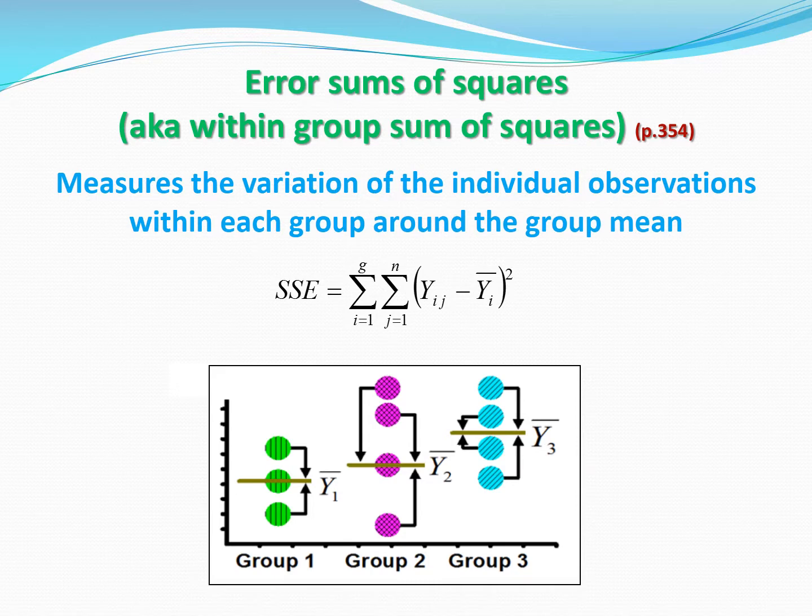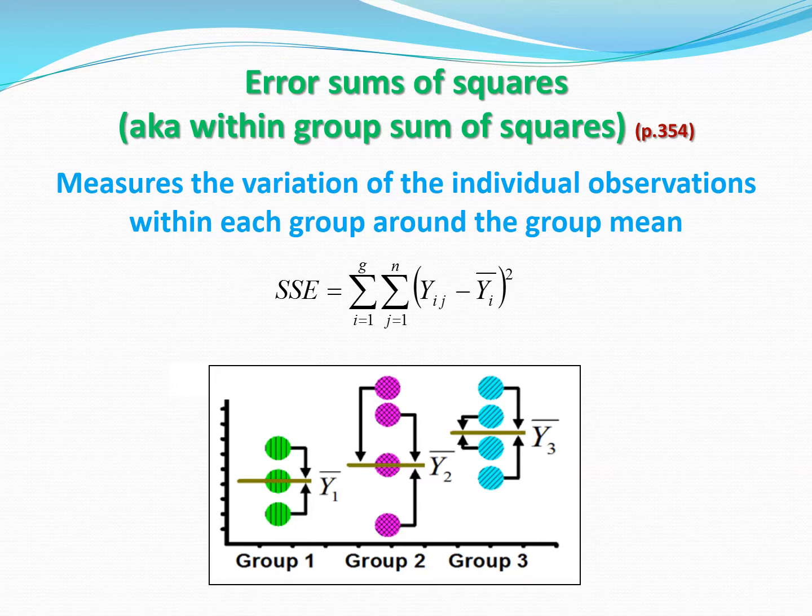Then the last measure of variation is the error sum of squares, and this is also known as the within group sum of squares. And like I indicated previously, it measures the variation of the individual observations within each group around the mean.